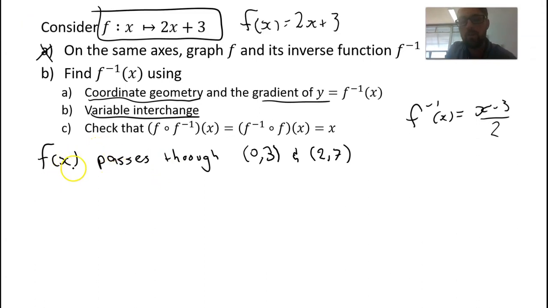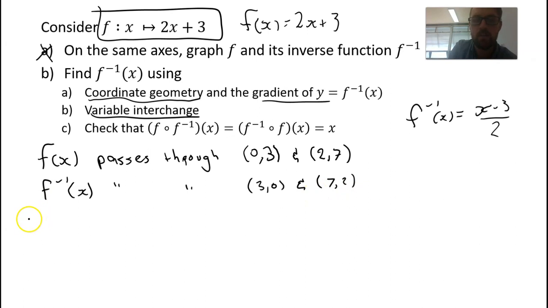From our graph, I saw that f of x passes through 2 points, 0, 3 and 2, 7. Now what that means is our f of negative 1, our inverse, passes through the opposite, so 3, 0 and 7, 2. Okay, so if we want to find our gradient, it is rise over run, or y2 take y1 over x2 take x1.